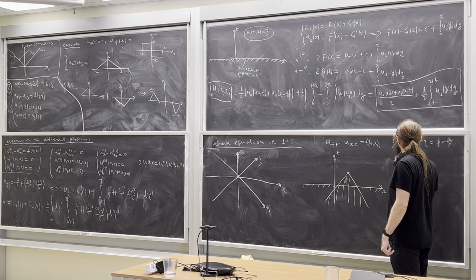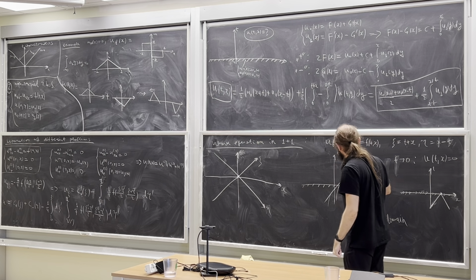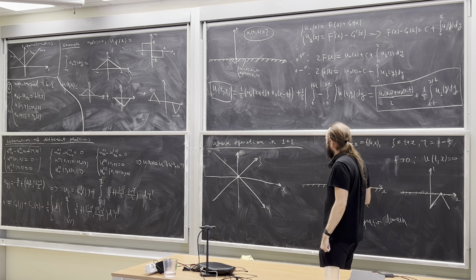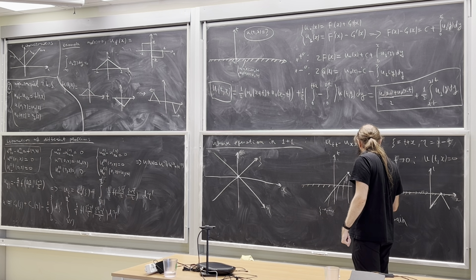Looking at this picture, we see that this domain corresponds to xi going to minus infinity and eta going to plus infinity. So this line is xi going to minus infinity. This is eta going to plus infinity.